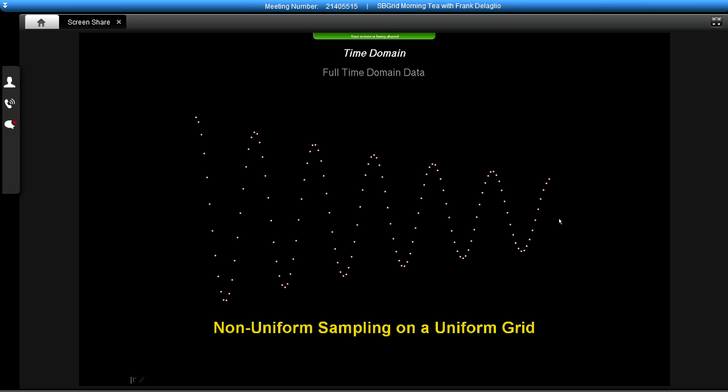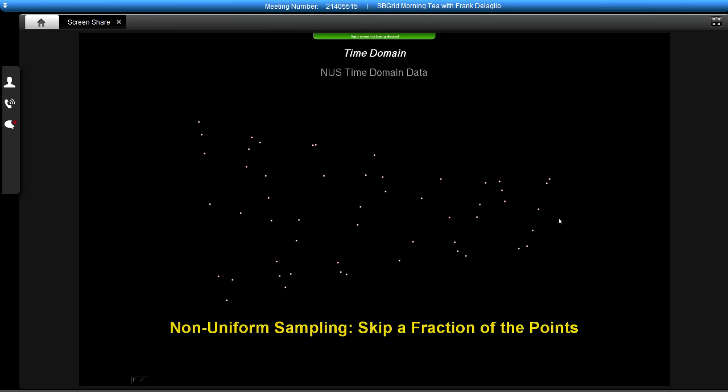But what we can do is imagine a circumstance where we randomly skip particular points in this data measurement. So we measure over the same range of time, but we measure fewer points.